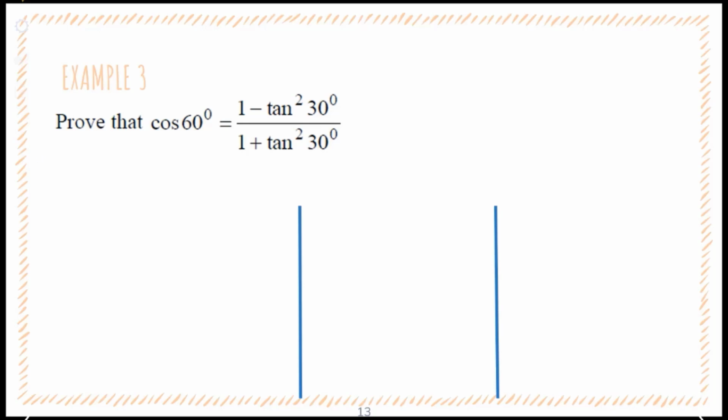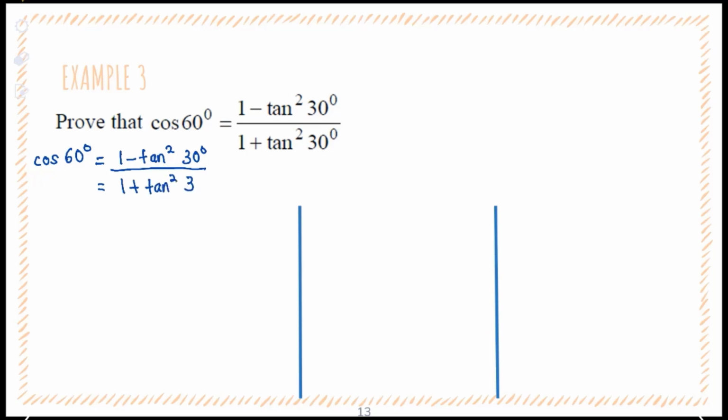First, we copy the question. So we're gonna prove that cos 60 equals 1 minus tangent square 30 divided by 1 plus tangent square 30.